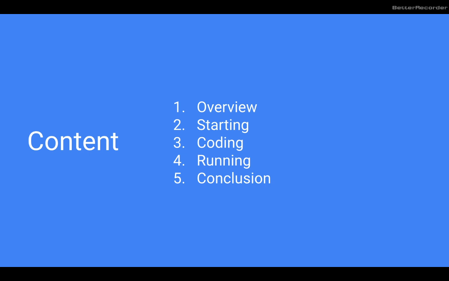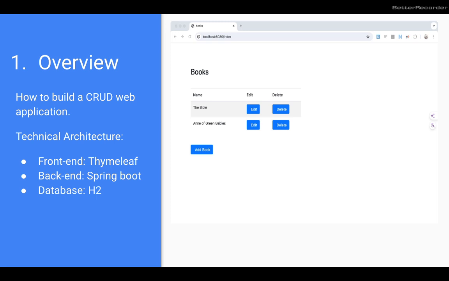First one, overview. Second one, studying. Third one, coding. Fourth, running. And the final one is conclusion. Okay. Overview.